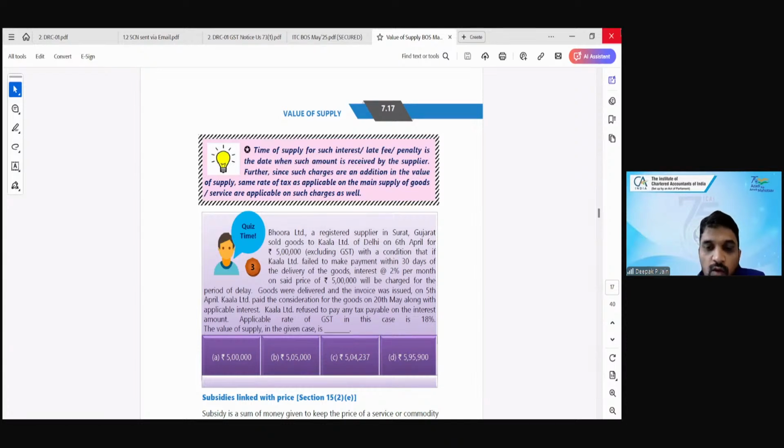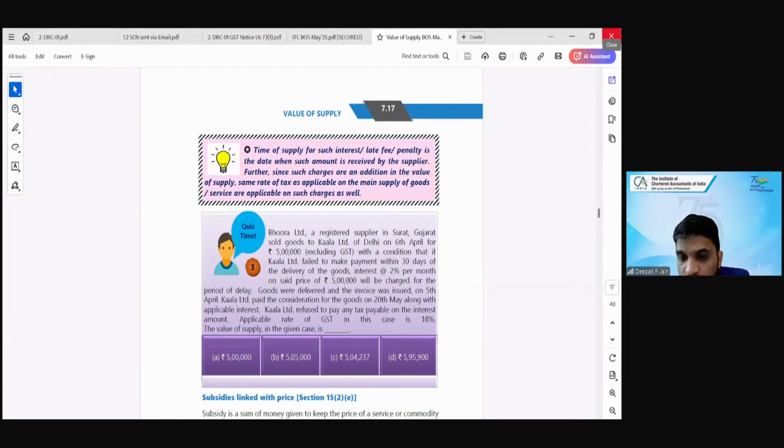What is the value of supply in the given case? So, what have you done? Sir, I have calculated the interest as per 15 days, and my answer is B, but the correct answer is C. Correct.